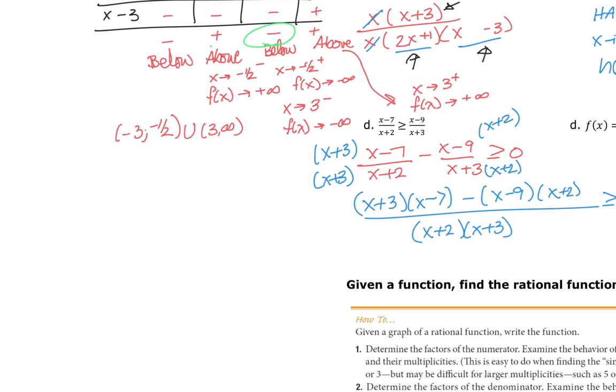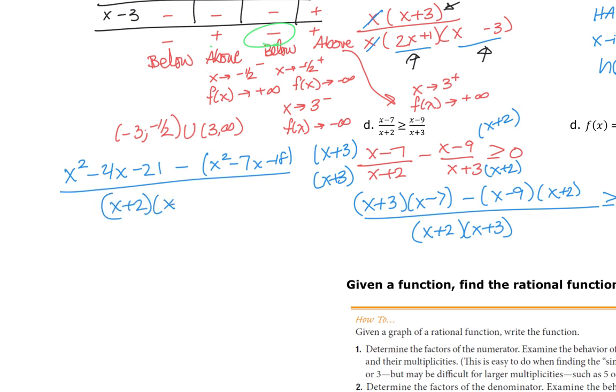This is going to be a long one. Yay! We're going to multiply the numerator through, and I'm going to get x squared minus 4x minus 21, and then minus, multiplying the second grouping, x squared minus 7x minus 18, all over x plus 2, x plus 3, greater than or equal to 0.